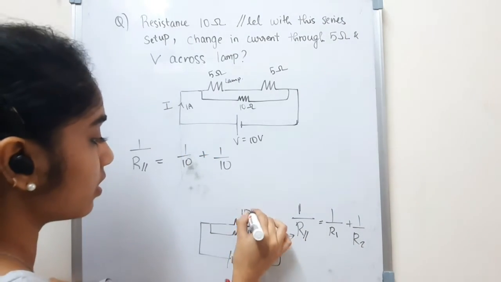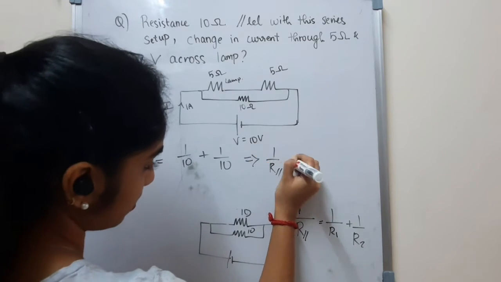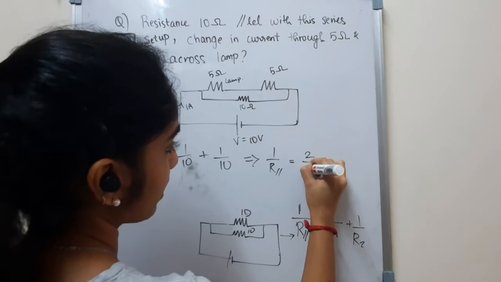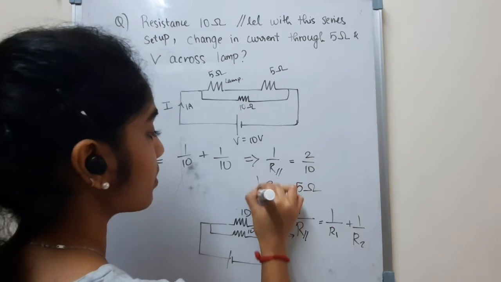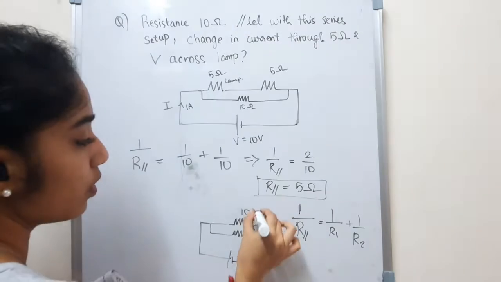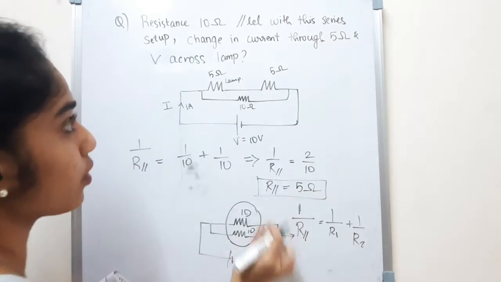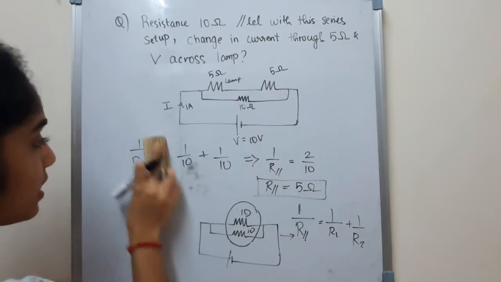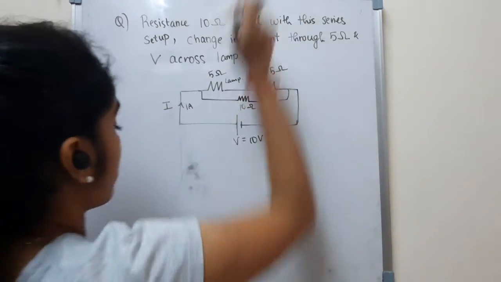These two are in parallel. From this, 1 by R parallel is equal to 2 by 10. So R parallel is 5 ohms. So the equivalent resistance of this combination is 5 ohms. So we replace that with a single resistor again, so it's easier for us to solve.